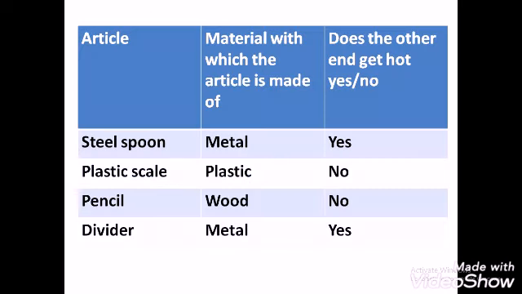In our activity, this plastic scale is made up of plastic, so it does not allow heat to pass through it. So it is an insulator. And pencil. Pencil is made up of wood and it does not allow heat to pass through easily. So we can say that plastic and wood are examples of insulators.